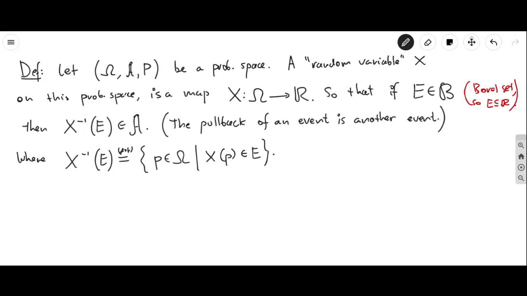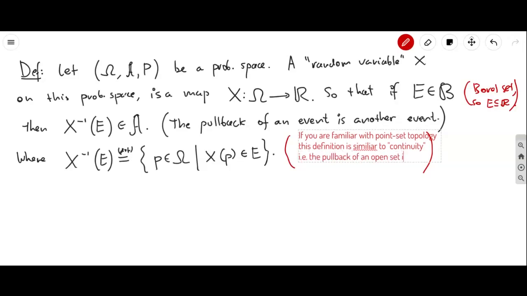For those of you who might have seen something like this before, this is very similar. If you are familiar with point set topology, this definition is similar to continuity: the pullback of an open set is open.